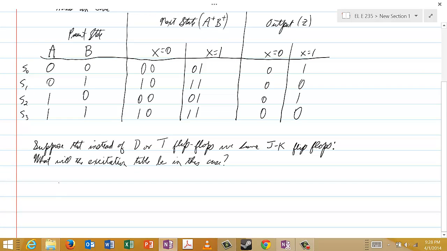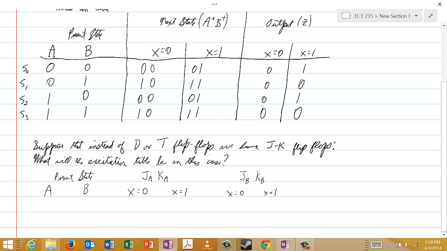We have present state A and B, and then we want our excitations. So we'll have JA, KA for x equals 0 and x equals 1, and JB, KB for x equals 0 and x equals 1.